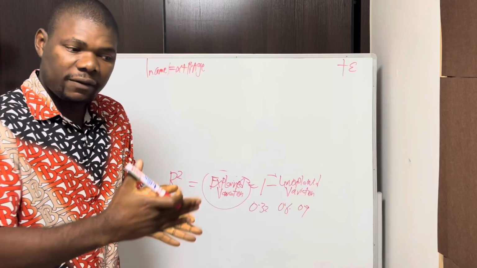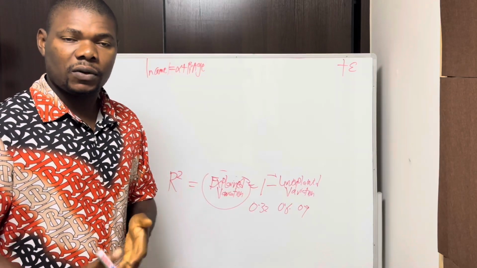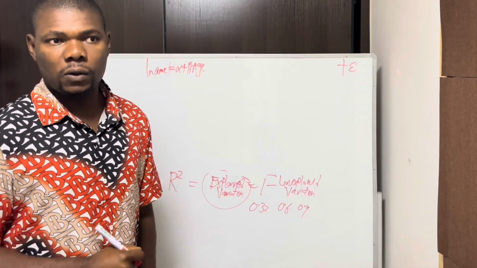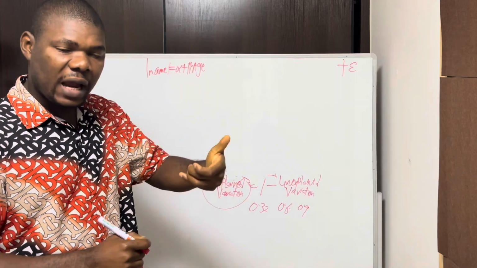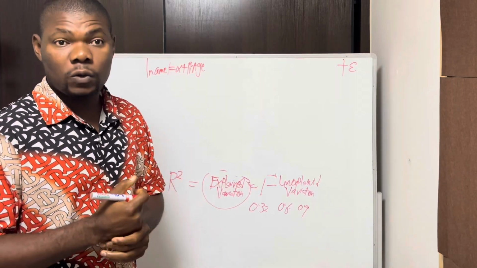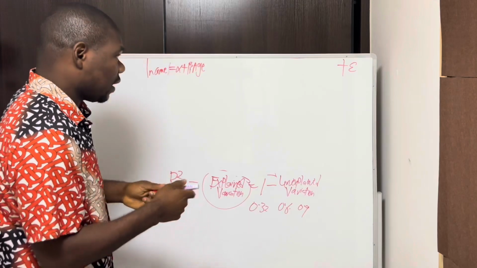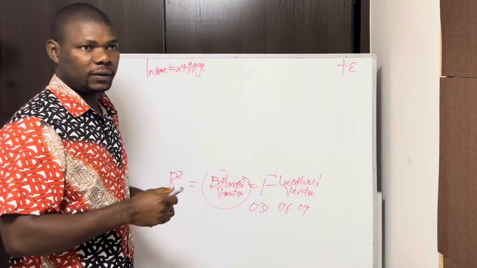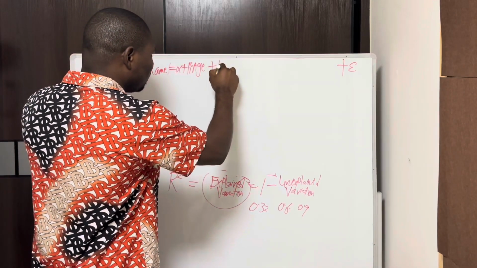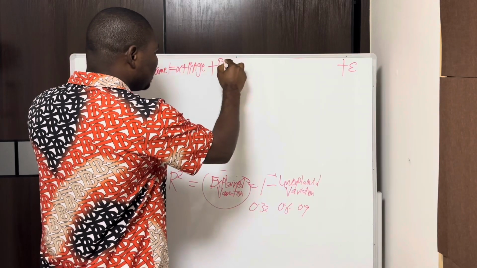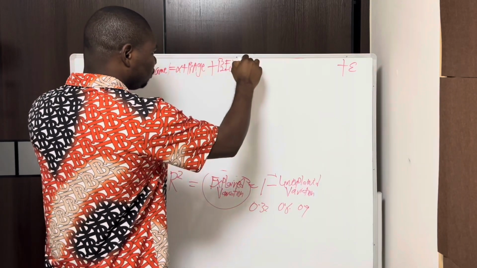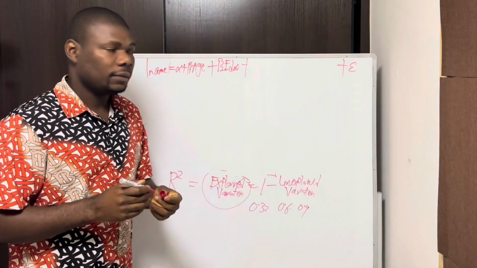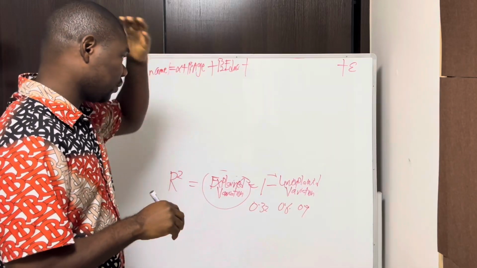Who would you expect to have higher years of education? It is obviously someone that is 30 years old. So education should be positively correlated with age. That means it needs to be here. So you say beta 2, you add education.